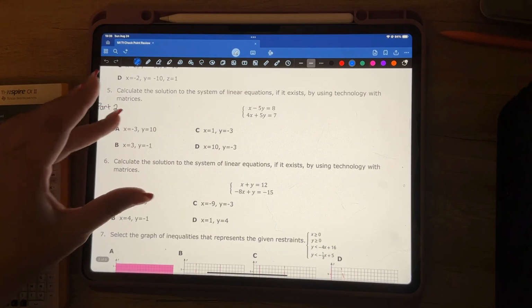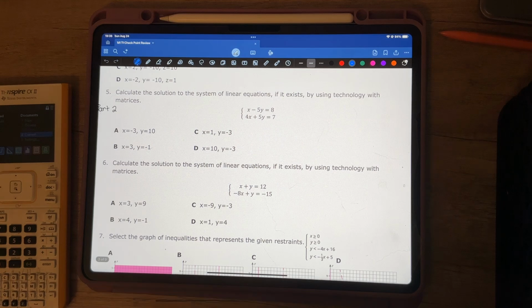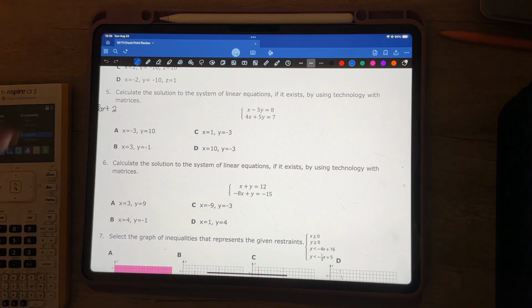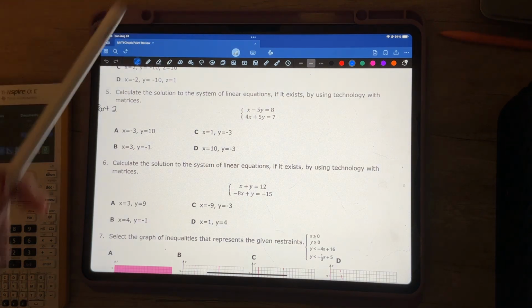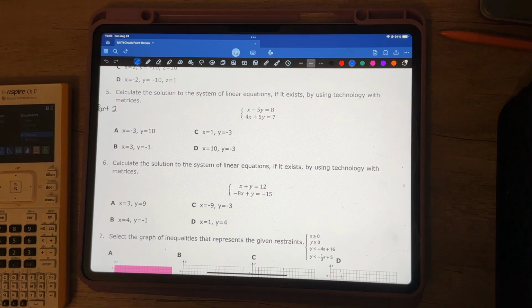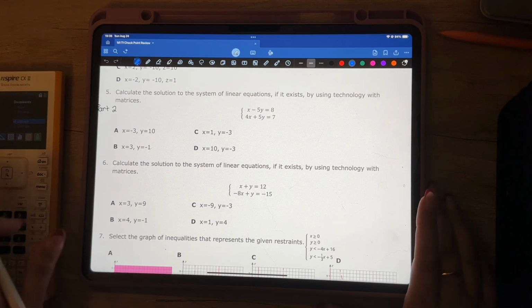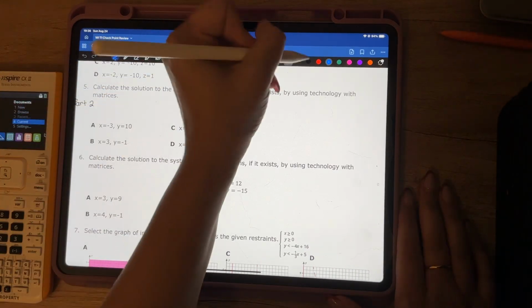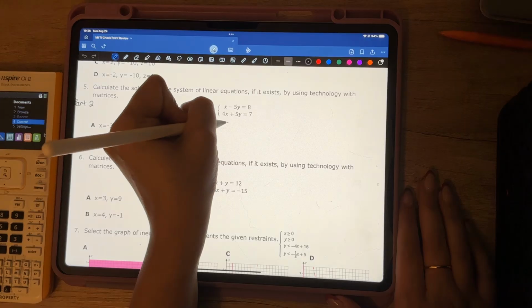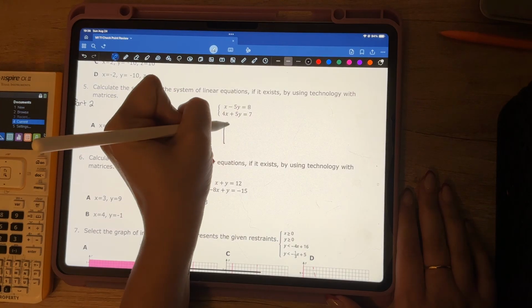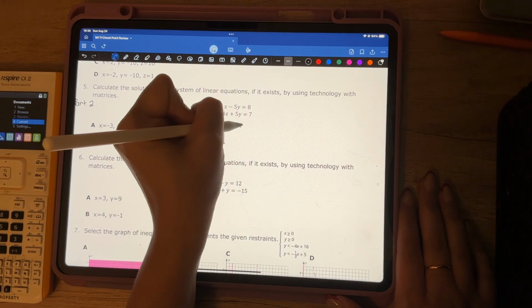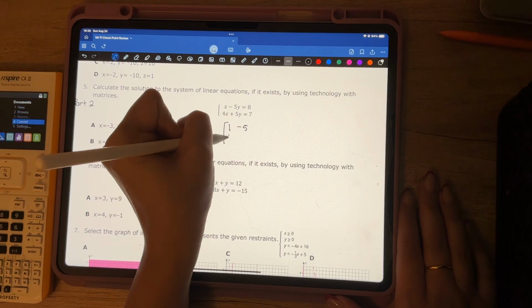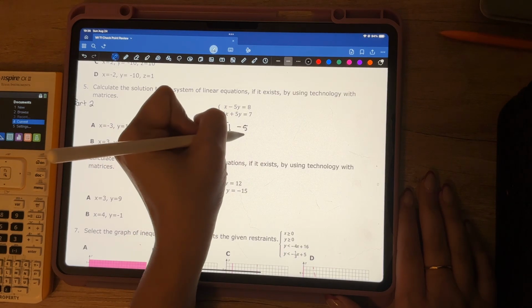So the first problem I'm going to work is number 5. Number 5 says calculate the solution to the system of equations if it exists by using technologies with matrices. So remember, we have to start by setting up our matrix equation. Our matrix equation for this is going to look like this. So we have 1, -5, 4, and 5.